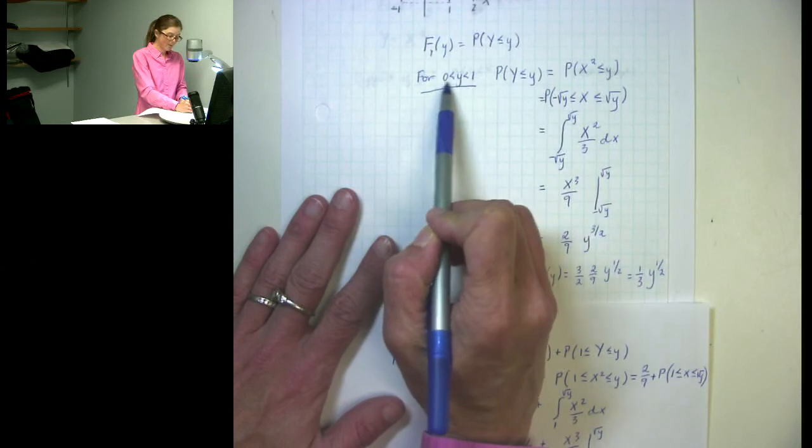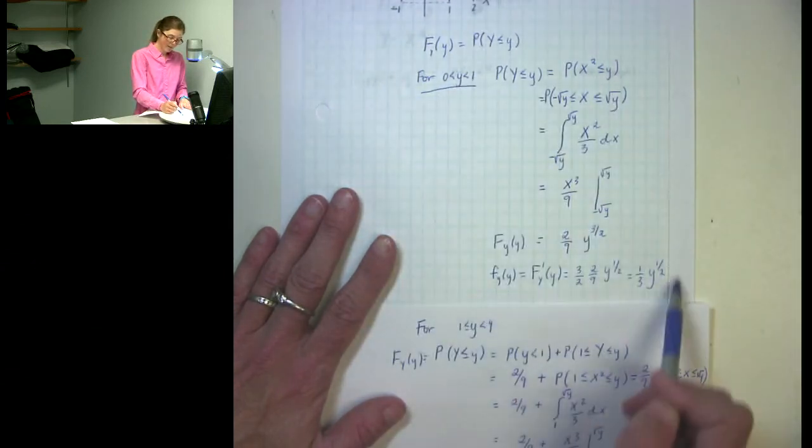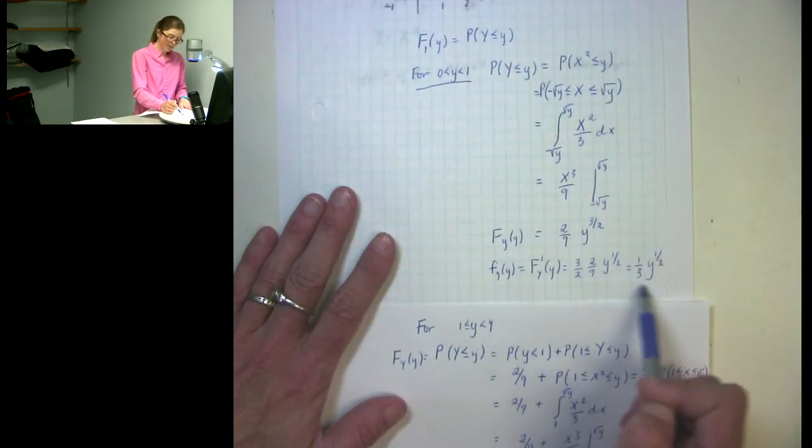So now to find my probability density function, I'm going to put these two pieces together. Remember that if y is between 0 and 1, my probability density function is 1/3 y to the 1/2.